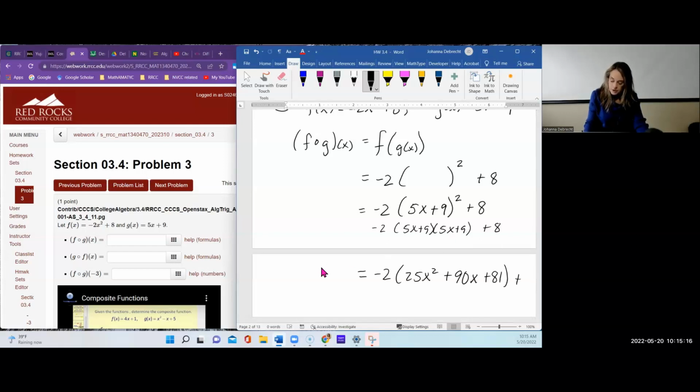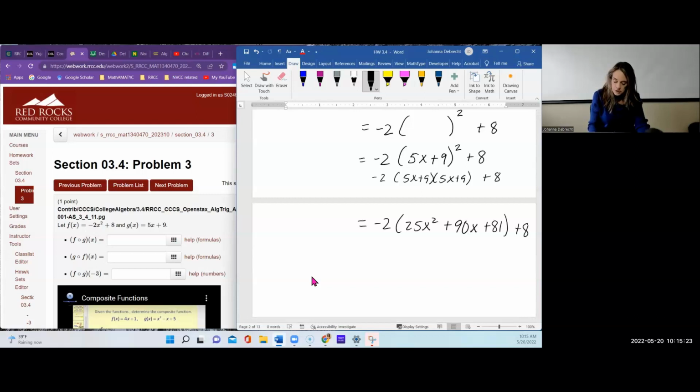We can't drop the parentheses yet because then this product needs to be multiplied by the -2. So we distribute the -2 over the parentheses by multiplying it by each of the terms on the inside of the parentheses. The plus 8 just tags along. This gives us -50x squared plus 180x minus 162 plus 8.